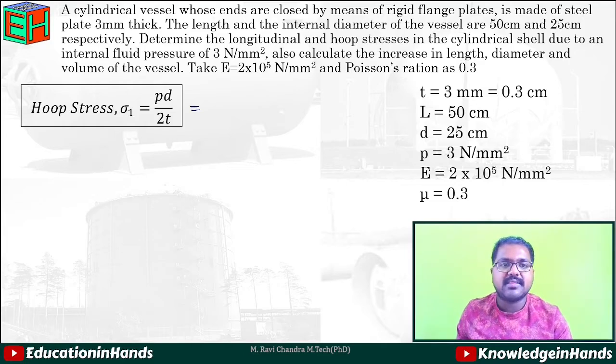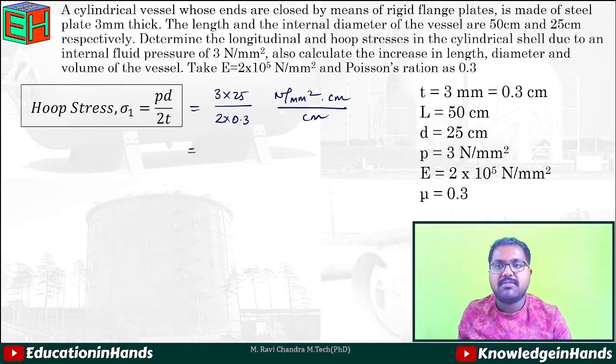So here P is 3 Newton per mm square and D is 25 centimeters, by T value, that is 2 into 3 mm as given. I am converting it into centimeters, so 0.3 centimeter. So we get the value of hoop stress, sigma 1, as 125 Newton per mm square.